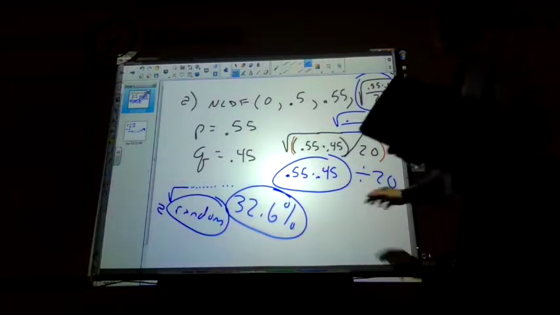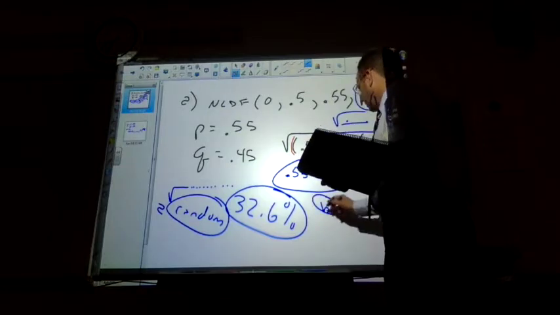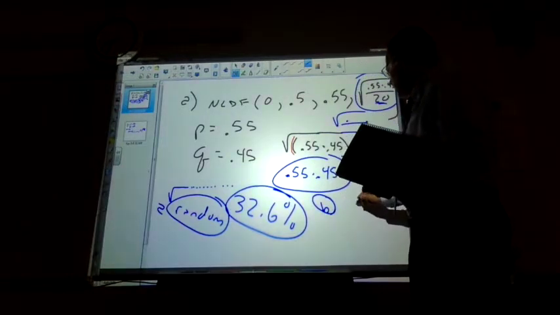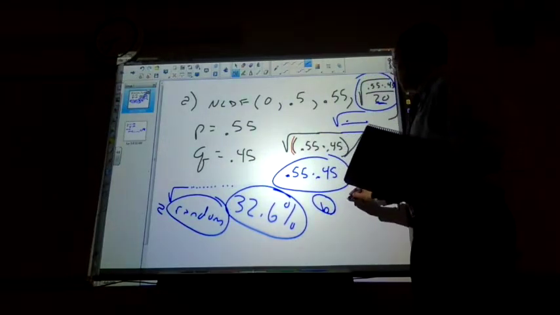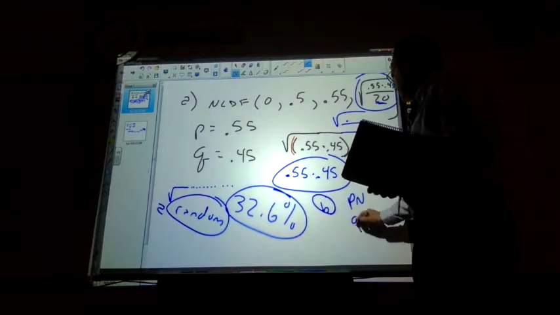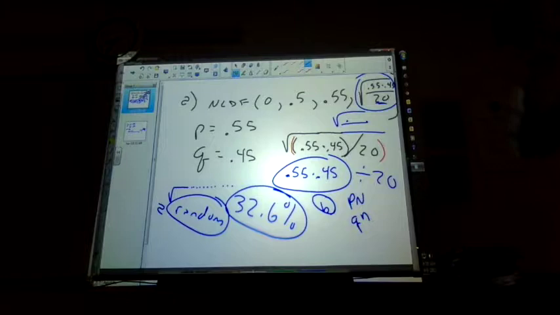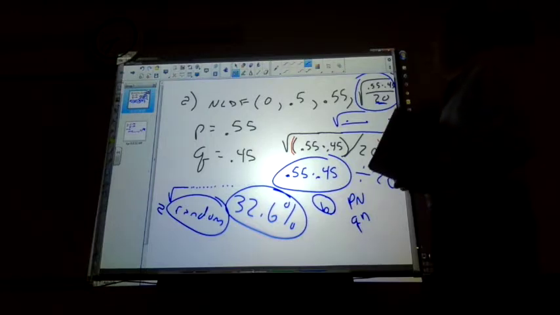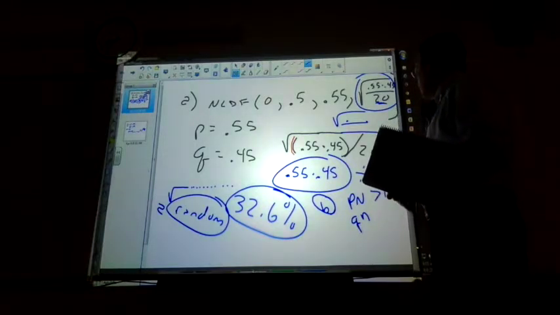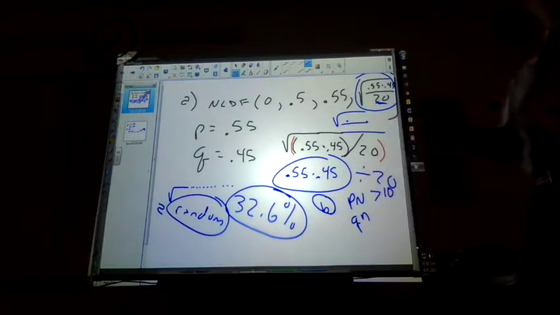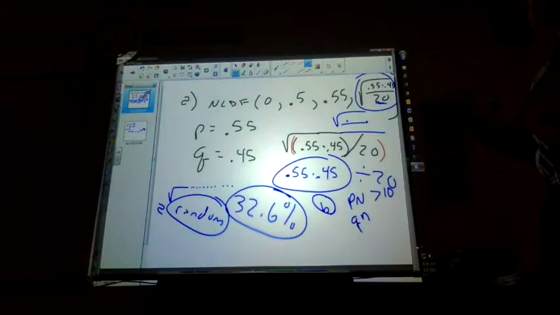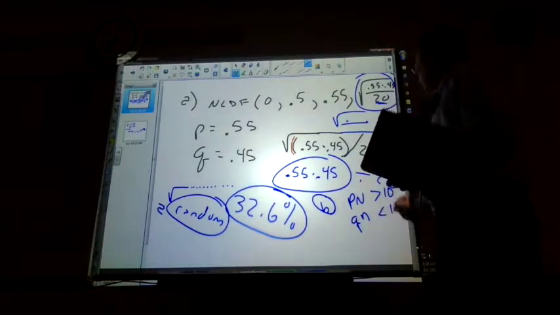Letter B on this one. This was the number P times N and Q times N, and both of those had to be above 10. And we're talking about how many patients? So Pn is 0.55 times 20, which is a greater number than 10, but 0.45 times 20 is less than 10.